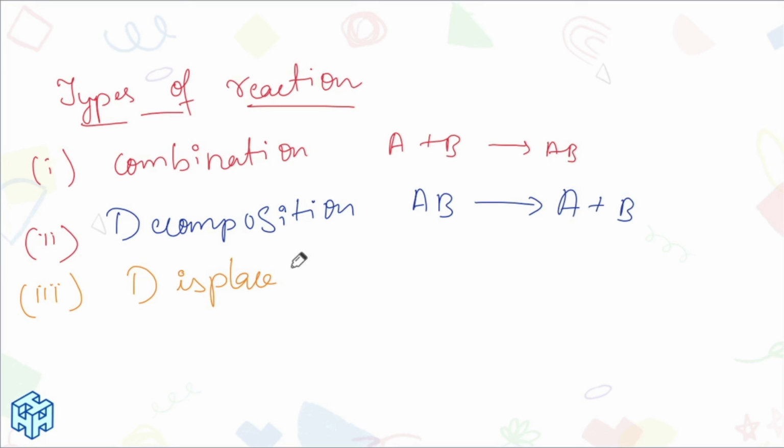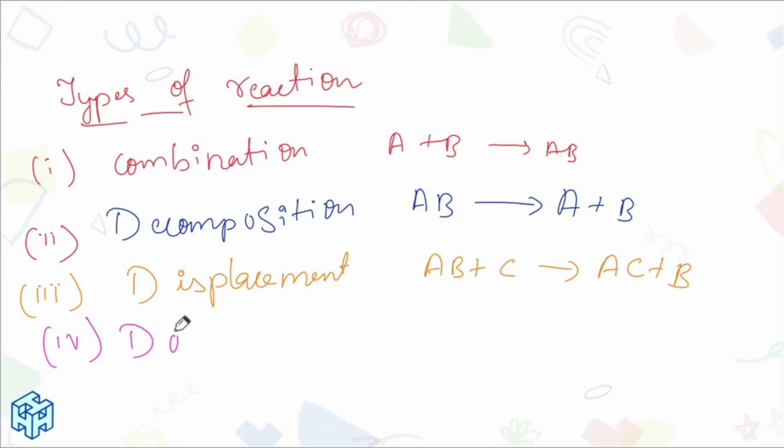Displacement, where A and B are together, C comes and replaces. Okay. Now what is the 4th type of reaction? Double displacement, where A and B are together, C and D are together, which gives rise to AC plus DB.